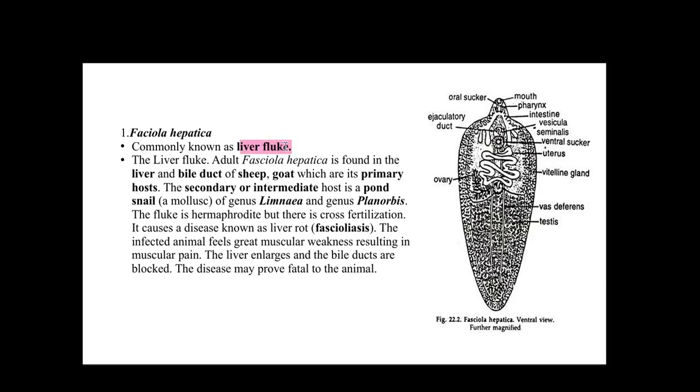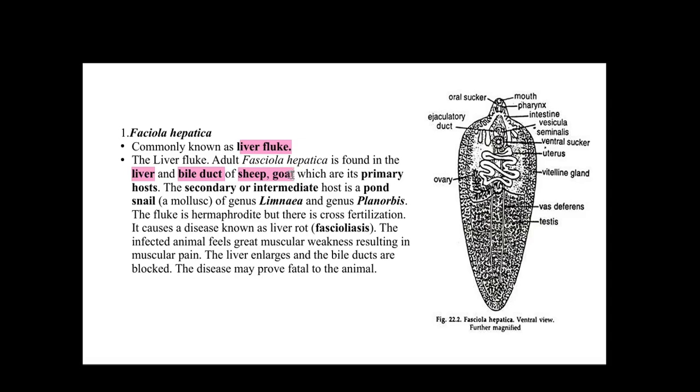Now as you can see in its common name, there is the term liver. It means it is related to the liver. So why is it called a liver fluke? Because it lives in the liver and bile ducts of sheep and goat.